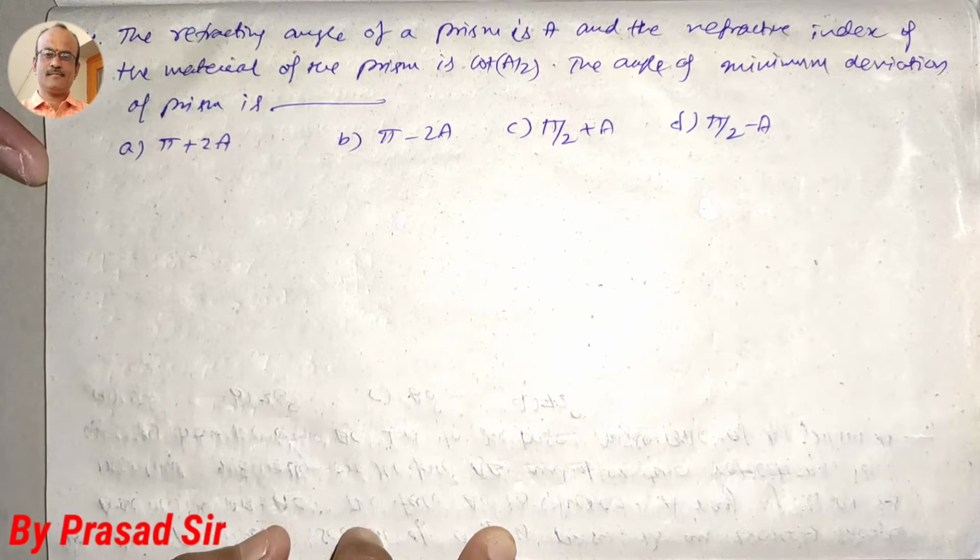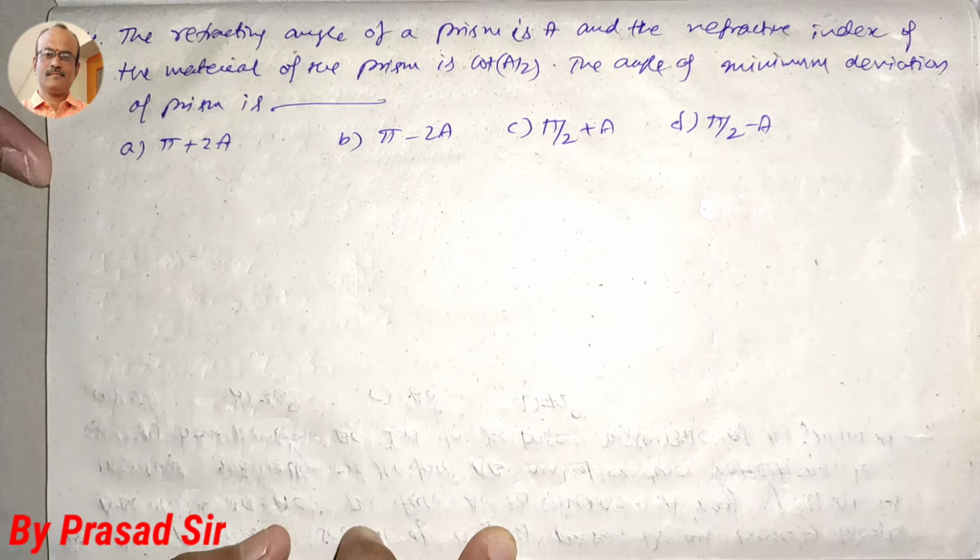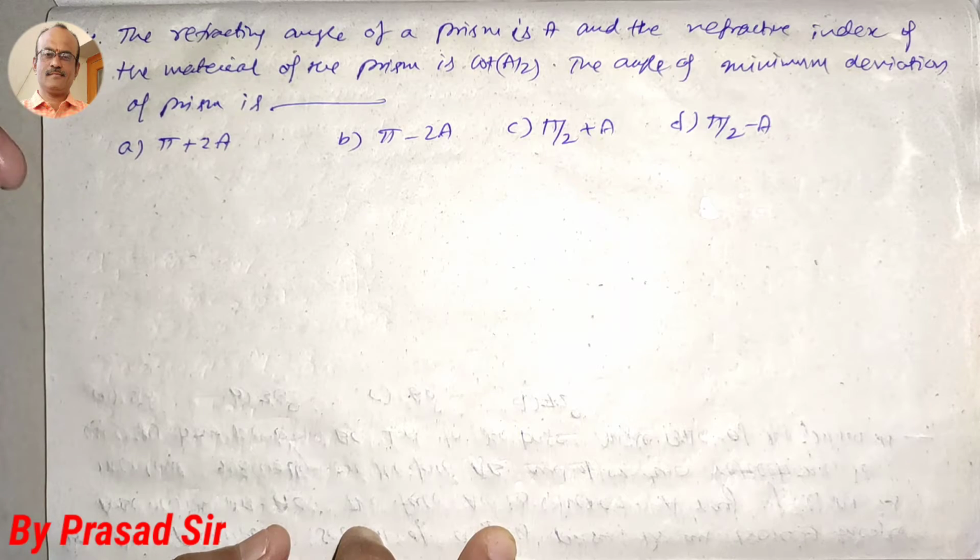The refracting angle of prism is A, and the refractive index of material of the prism is cot A by 2. The angle of minimum deviation of prism is how much?